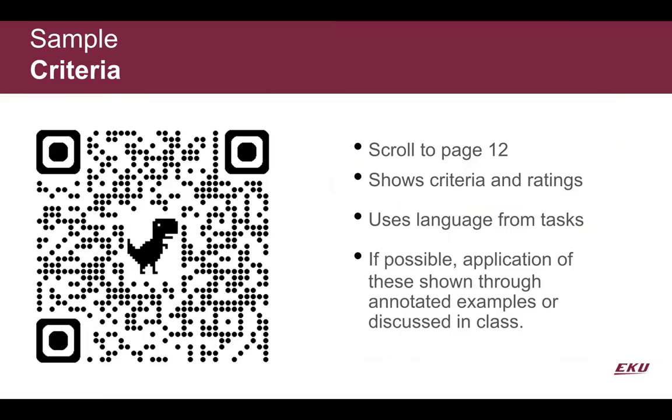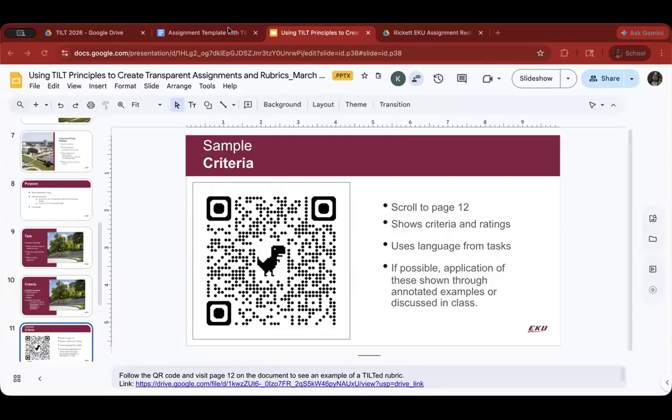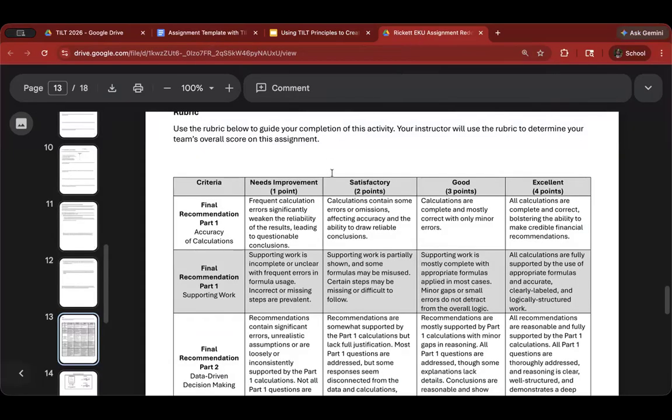Again, if you'd like to take a look at a sample set of criteria, this is one of the other links that you've got in your email. This is a very thorough document that has criteria and all of the other steps and very detailed task steps. So you can look at that as a sample piece. In particular, I just wanted to call attention to the criteria.